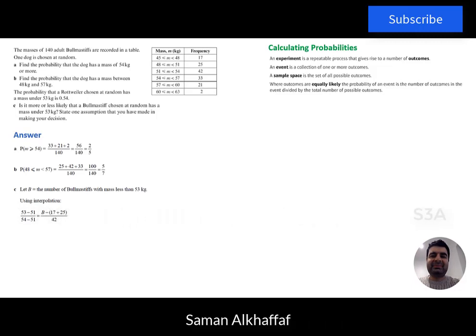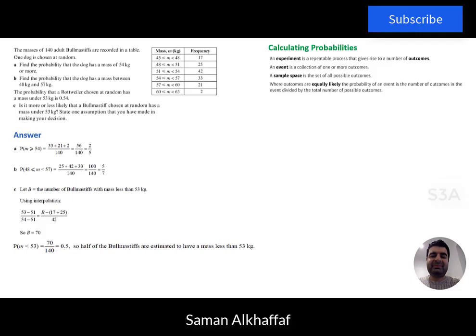And on the right hand side, we would have the bull mastiff, which is represented in the B as a variable, taken away from the ranges of between 48 and 51, which is the two lower ranges, which is 17 plus 25, their frequencies, all divided by the addition of these two ranges, which 25 and 17, that would give us 42. So now we will attempt to simplify this expression on both left hand side and right hand side. That would give us B being equivalent to 70.